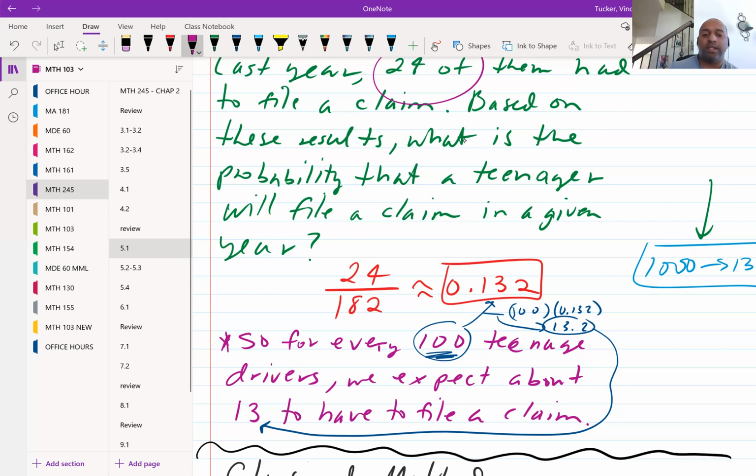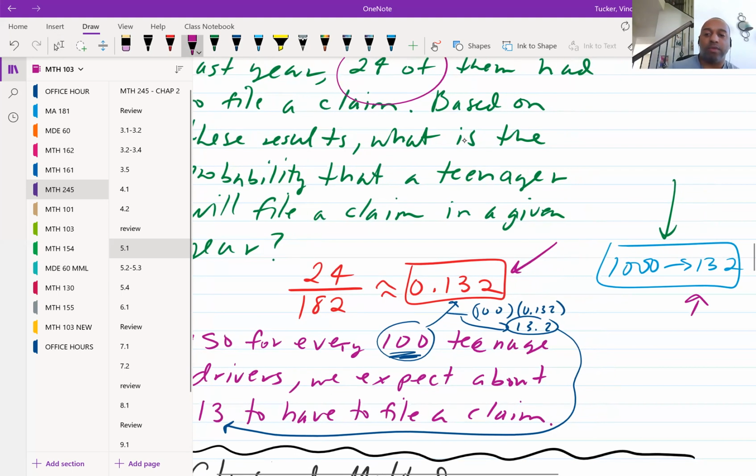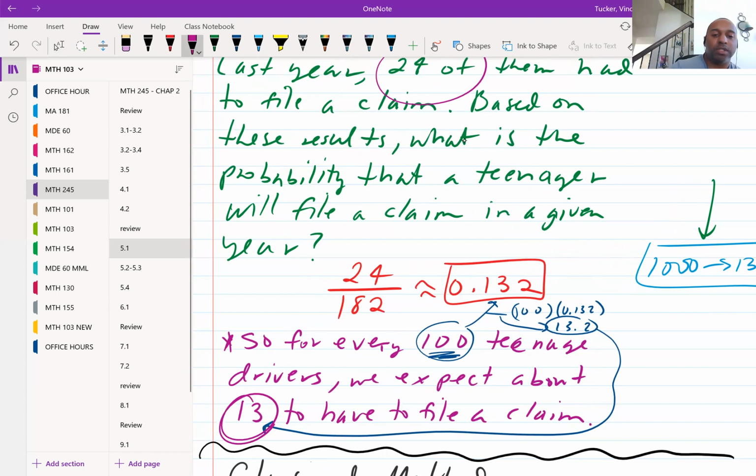If they said for every 1,000 teenage drivers, you would multiply 1,000 by this, and that number should be 132 to have to file a claim. Whatever this number is, they're expecting you to multiply it by this probability, and that result should match up with this number right here.